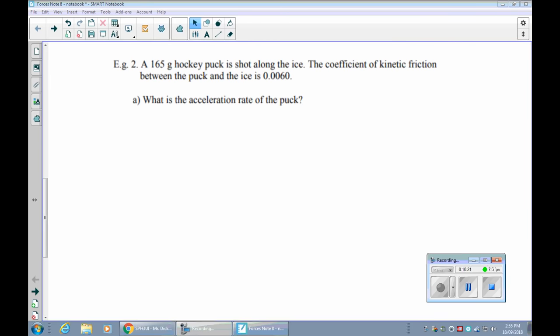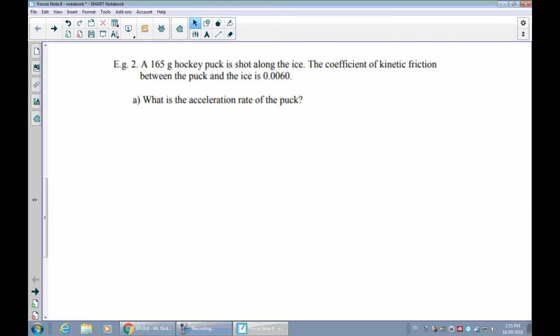Our next example then is looking at a hockey puck. And it's been shot along the ice, and we know the coefficient of friction, specifically kinetic friction between the puck and the ice. We know it's kinetic friction because the puck's going to be moving along the ice, but still feeling some amount of friction while it moves. So if that coefficient of friction is that very small value, 0.0060, we once again want to find the acceleration of the puck.